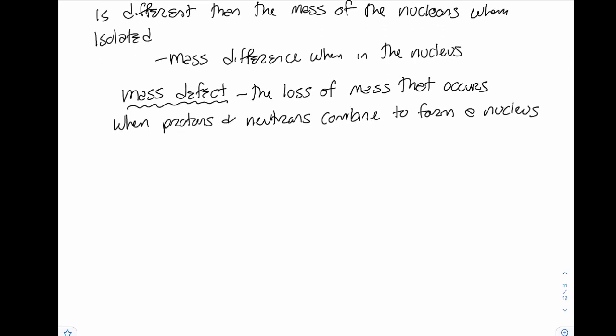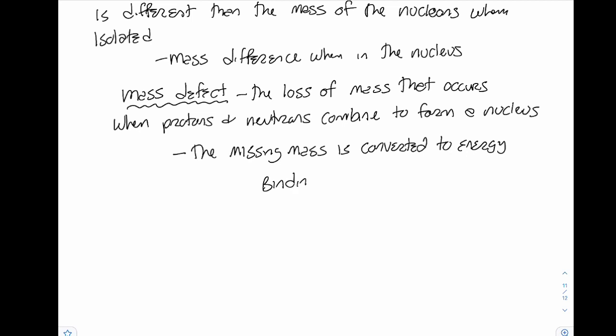This missing mass, our mass defect, is actually then converted to energy. And this energy is called our binding energy. And that's essentially the energy that holds our nucleons together in our nucleus.